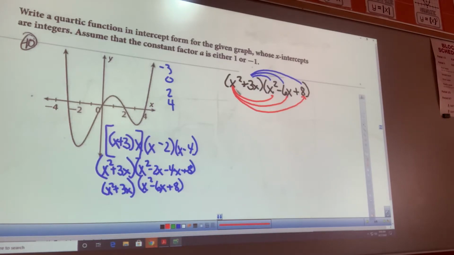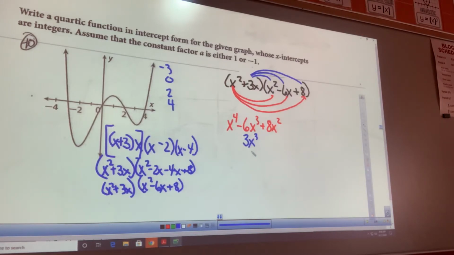So, x squared times x squared gives me x to the 4th. X squared times negative 6x gives me negative 6x cubed. X squared times 8 gives me plus 8x squared. Now we'll do the blue here. 3x times x squared is 3x cubed.